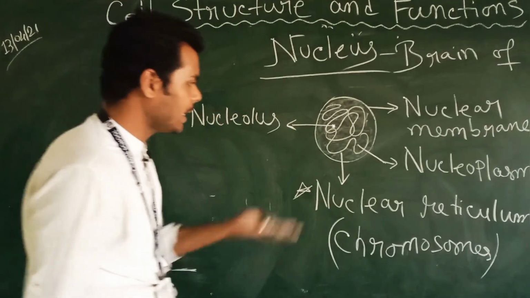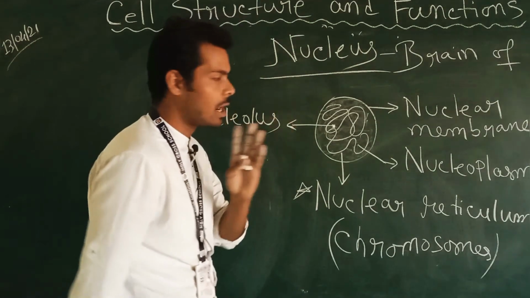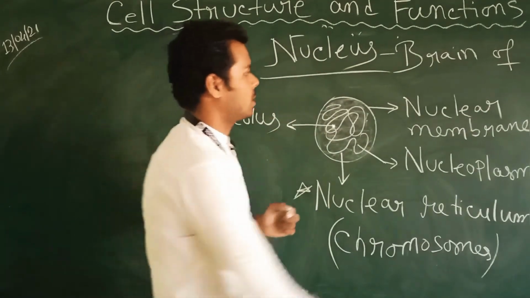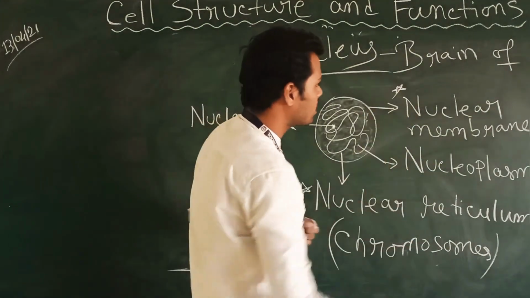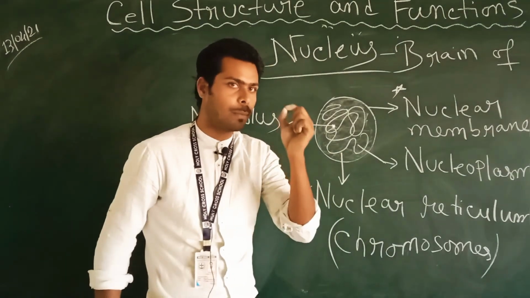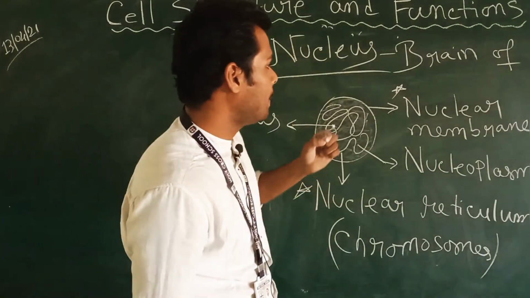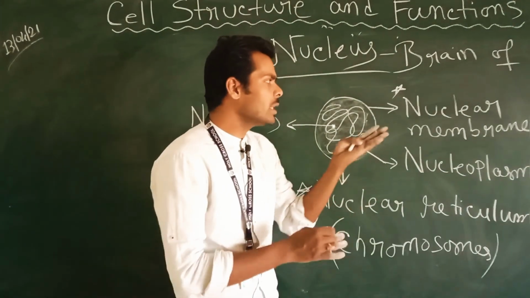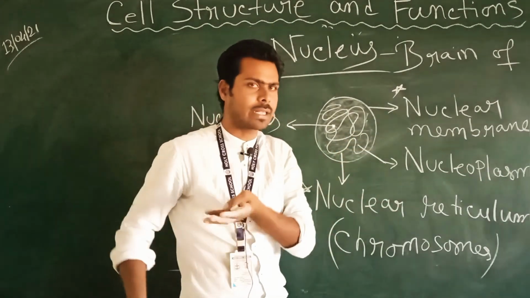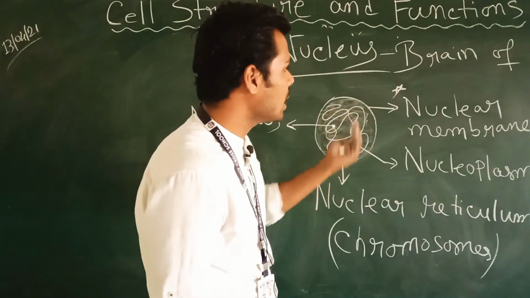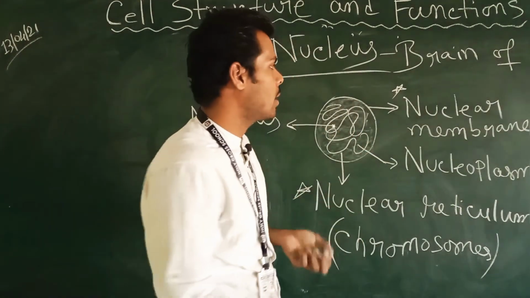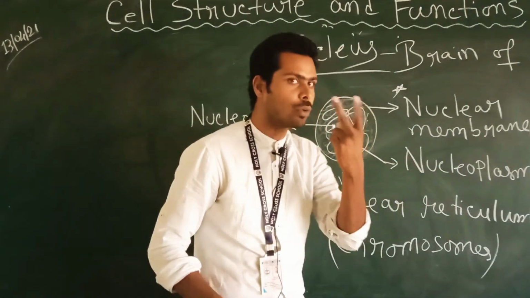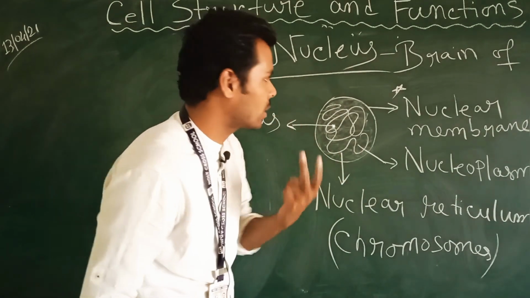For class 7 and 8, these names are enough for you. This nuclear membrane is also one of the vital points, because depending upon the presence and absence of nuclear membrane, and there are other factors too, still, the presence or absence of nuclear membrane divides cells into 2 categories.